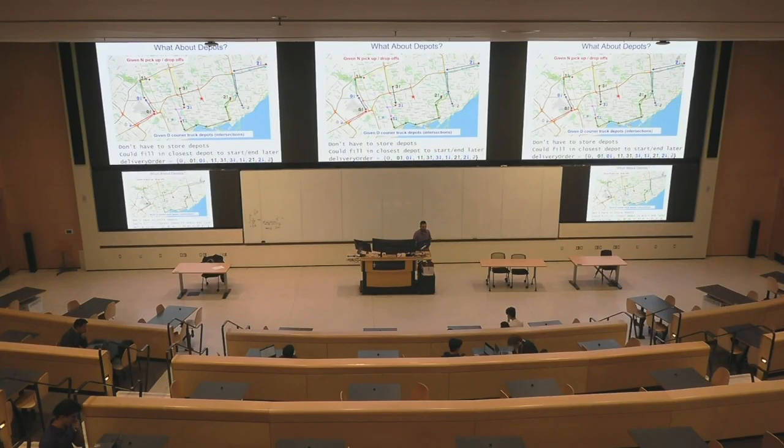Yes? But couldn't the time it takes to go from the start depot to your first point, and from the last point to your end depot, impact what is the fastest path? Yes, but it's kind of a greedy solution because you only have these many depots, so there is no other solution around it.